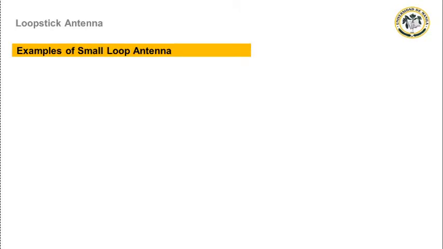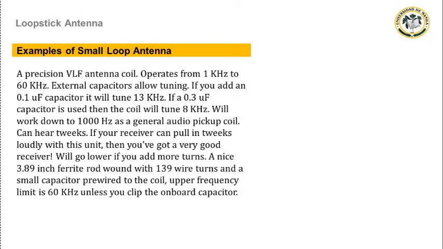Examples of small loop antennas. A precision VLF antenna coil operates from 1 kHz to 60 kHz. External capacitors allow tuning. If you add a 0.1 microfarad capacitor, it will tune 13 kHz. If a 0.3 microfarad capacitor is used, then the coil will tune 8 kHz, and will work down to 1000 Hz as a general audio pickup coil.